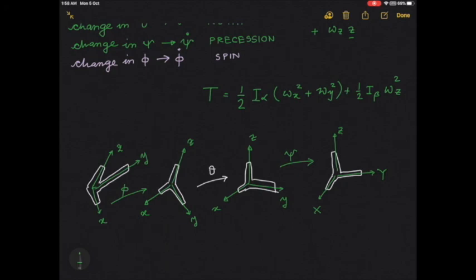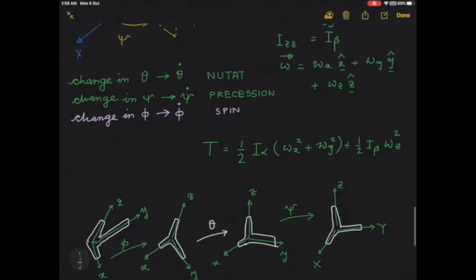Okay, so what do we have to do? Well, we have three instantaneous rotations, and accordingly I can write omega theta as theta dot, or modulus of omega theta as theta dot. What is the direction?